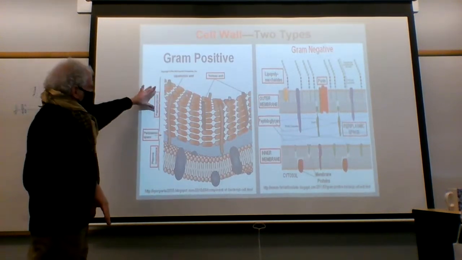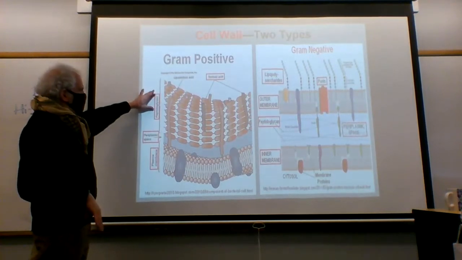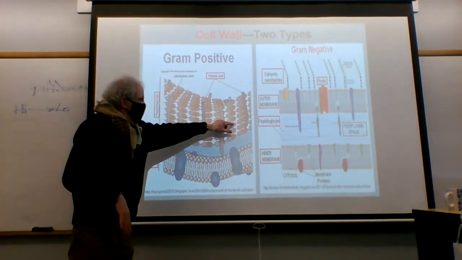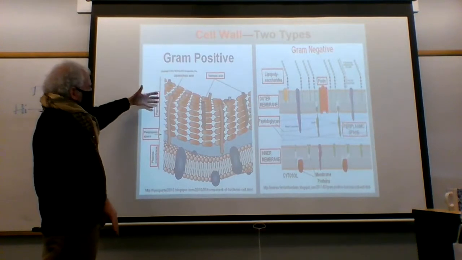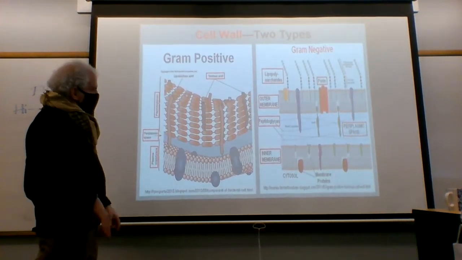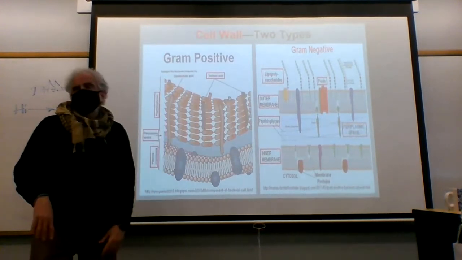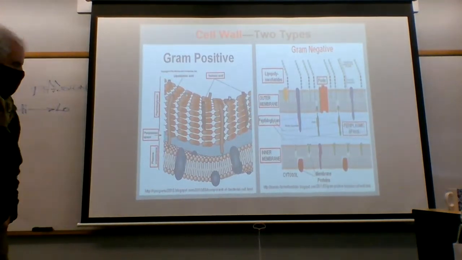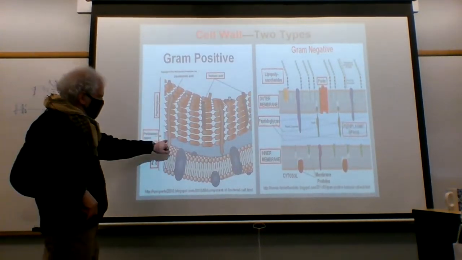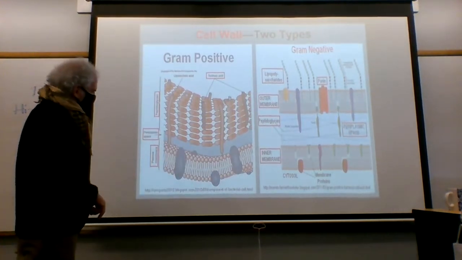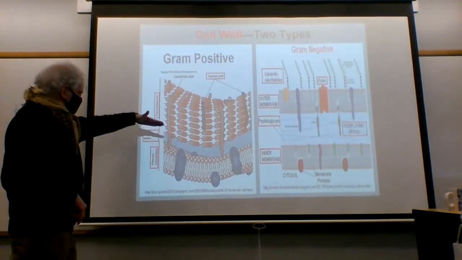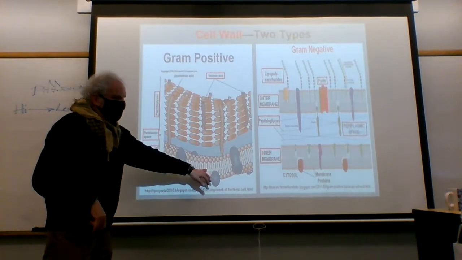So in a gram-positive, you've got a whole set of molecules that make up what's called a peptidoglycan. And it is primarily sugar and a little bit of protein cross-linked inside of it. You then have a space known as the periplasmic space. And then right underneath that, you've got the plasma membrane.